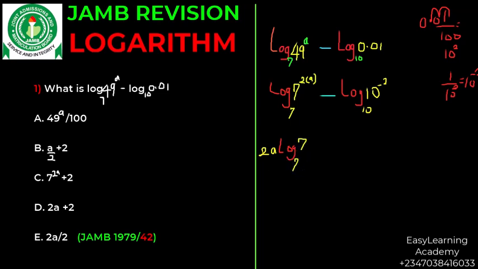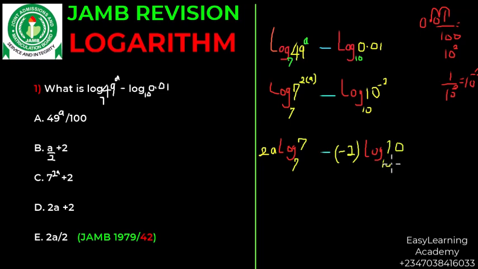Now we are subtracting, remember? So we say minus. The power of minus 2 here will also move to the back, and we put it in a bracket, minus 2, and then we have our log. We are left with 10 and 10, which becomes log 10 base 10.